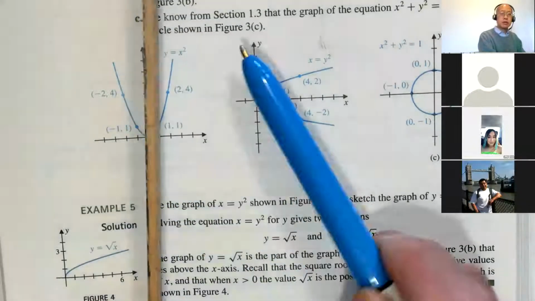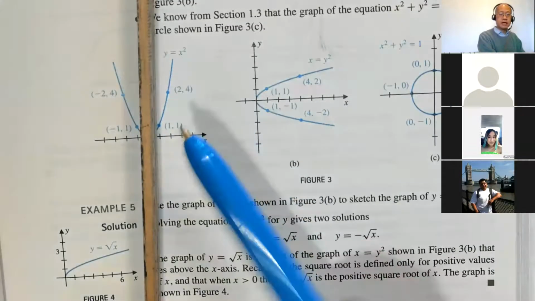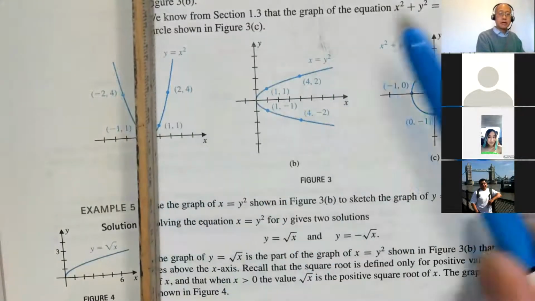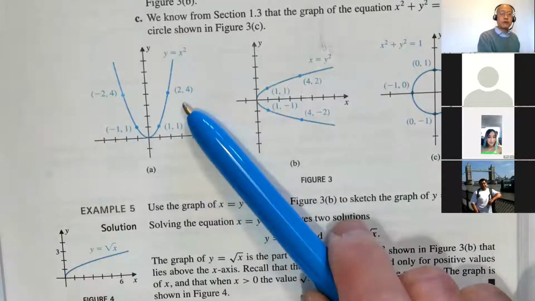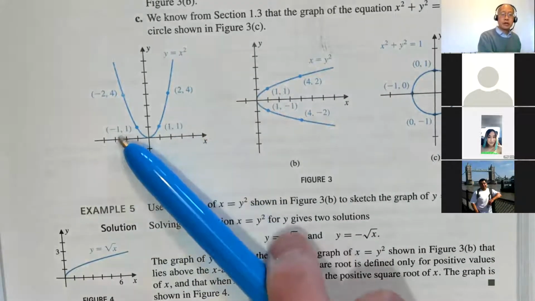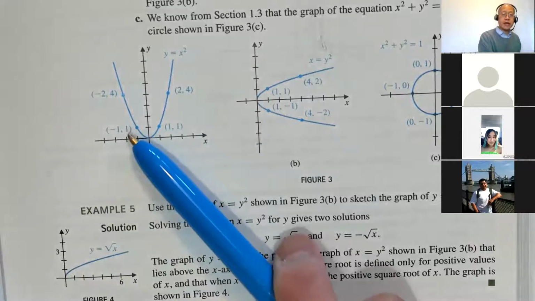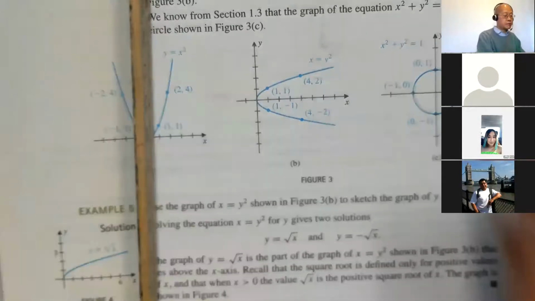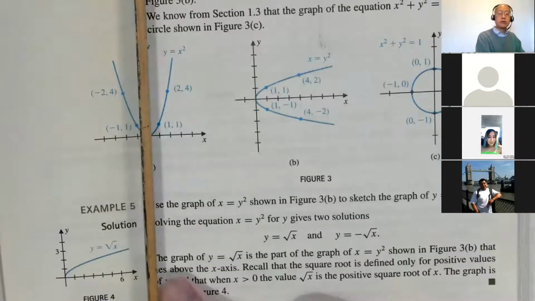You get the reflection on the other side, right? The reflection of this side becomes this side, and so on. So if you have the point 2, 4, you automatically have the point -2, 4. If you have 1, 1, if you reflect across the y-axis, you get -1, 1. So this graph has symmetry with respect to the y-axis.